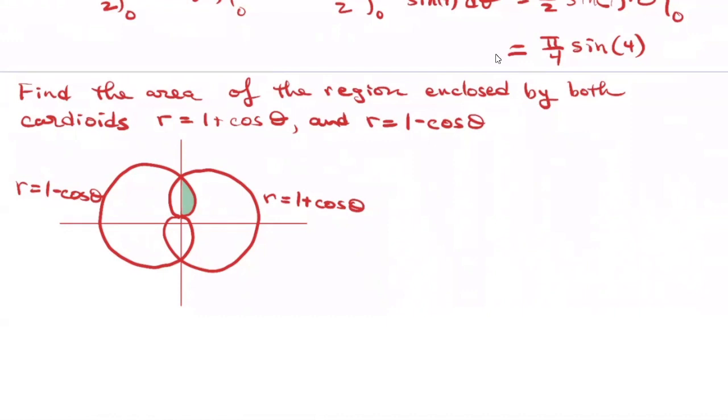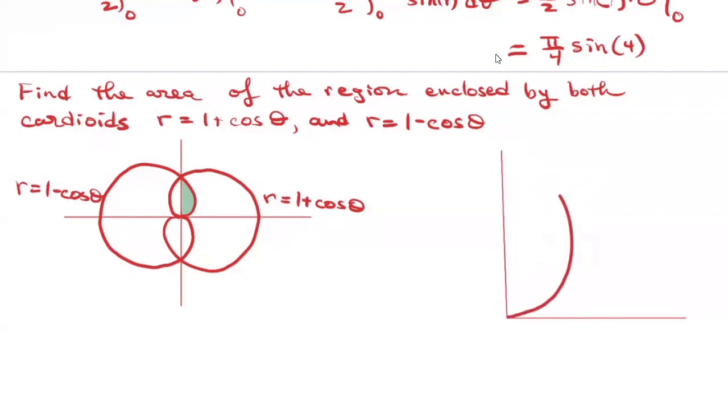So if we zoom in on it, you basically have a curve that just goes like this. Okay. And that's what I've colored in green there. And this is a cardioid that's mostly going off to the left. So that's the 1 minus cos theta.